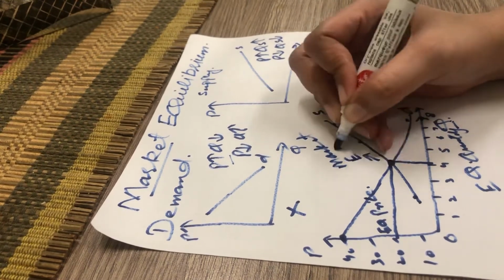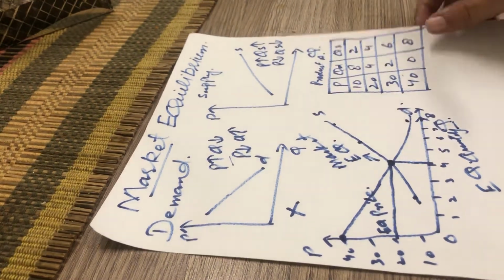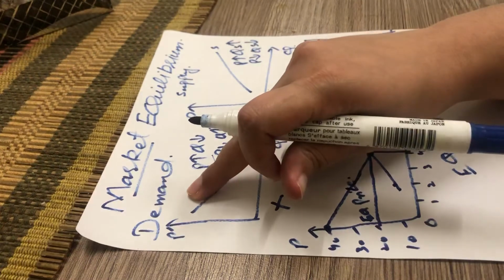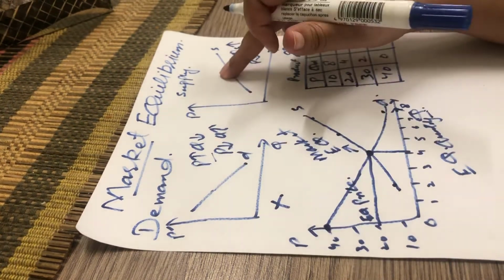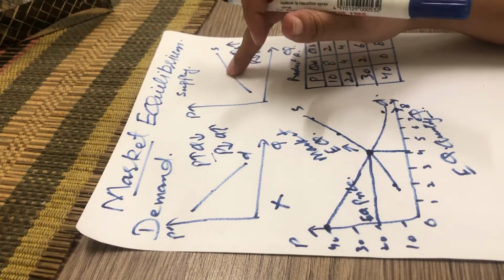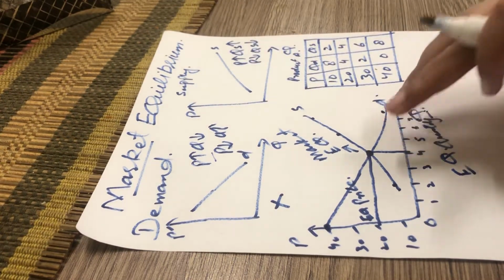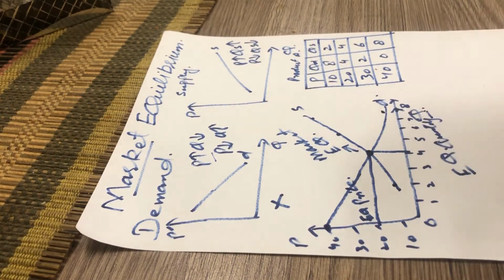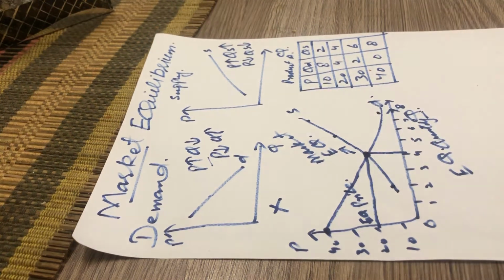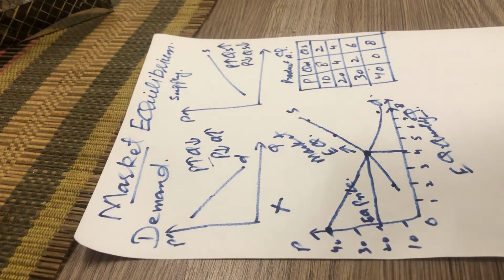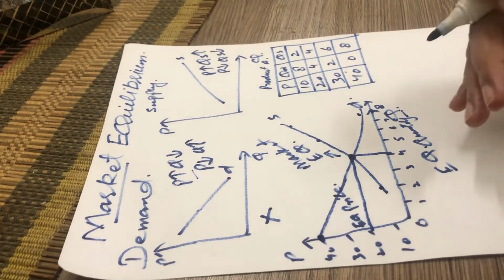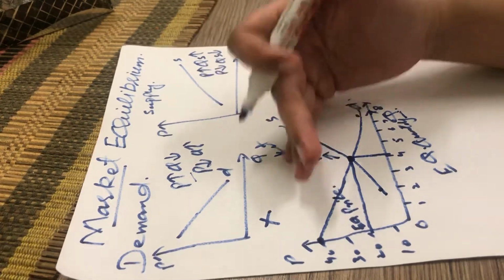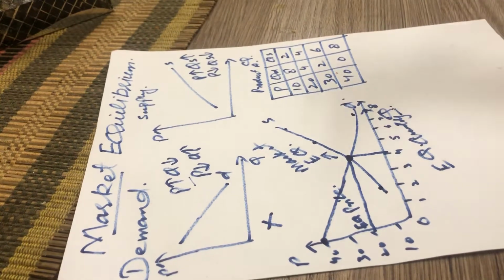Basically, demand tells us about the willingness and ability of the consumer, and supply tells us about the willingness and ability of the producer. And the market equilibrium point is the point where the willingness and ability of the consumer matches the willingness and ability of the producer. Now here the question comes in: why can we not have equilibrium above this point, and why not below this point?